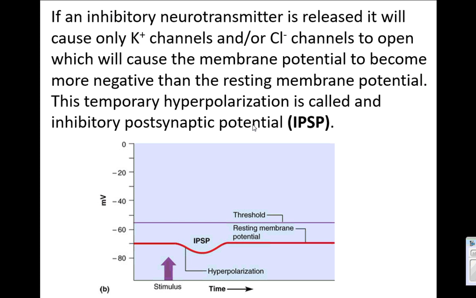A great example of how we use both excitatory and inhibitory happens as simple as when you go to the doctor and he taps on your knee. What happens when you tap on that patellar tendon? You kick your leg out, right? We have sets of signals that go to our quads that cause our quads to be excited and contract, because your quads are what kick your leg out.